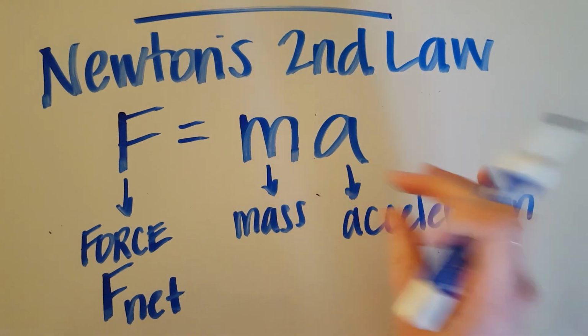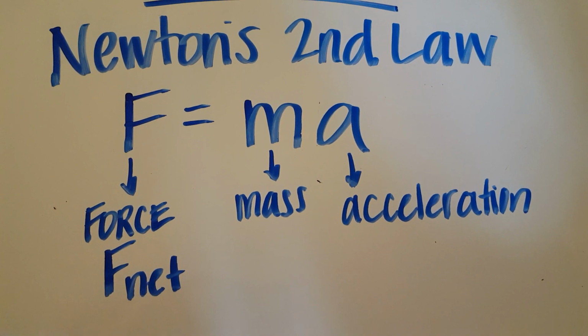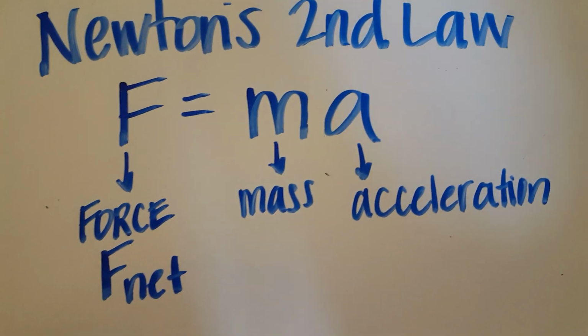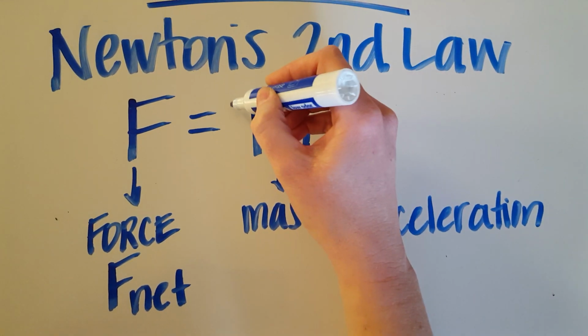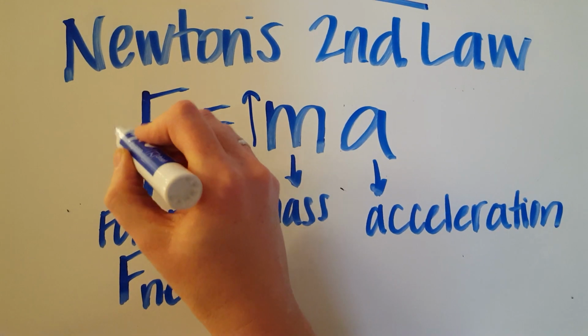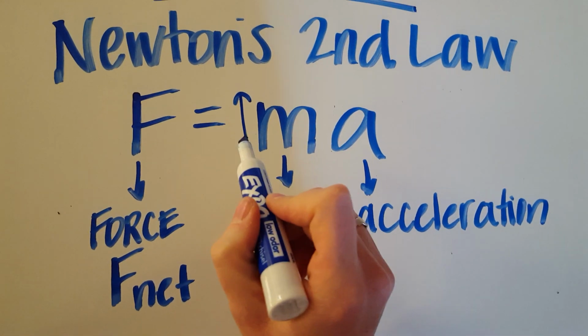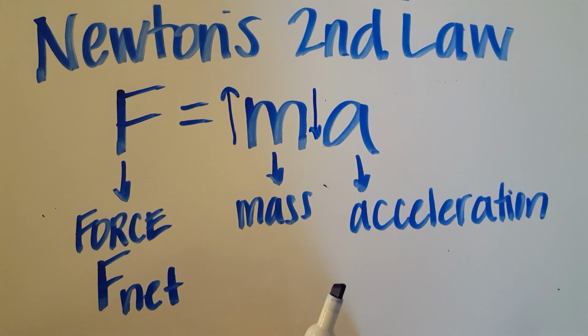The second part, however, says that the acceleration is inversely proportional to the mass. So if I increase my mass, and my force remains constant, I'm pushing with the same amount of force but I increase my mass, my acceleration is going to decrease.